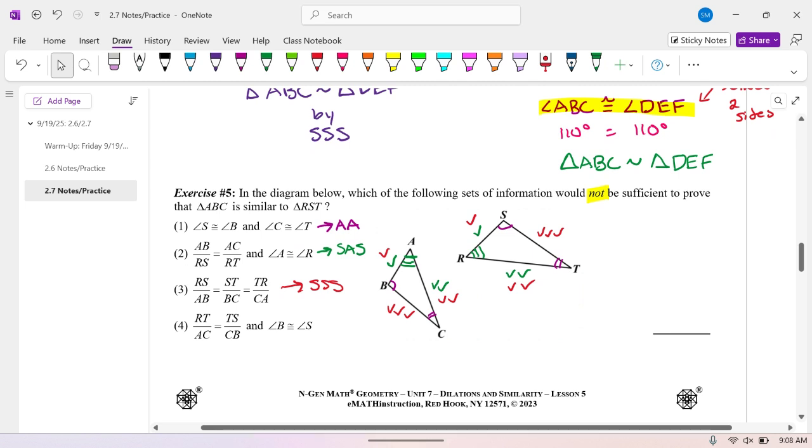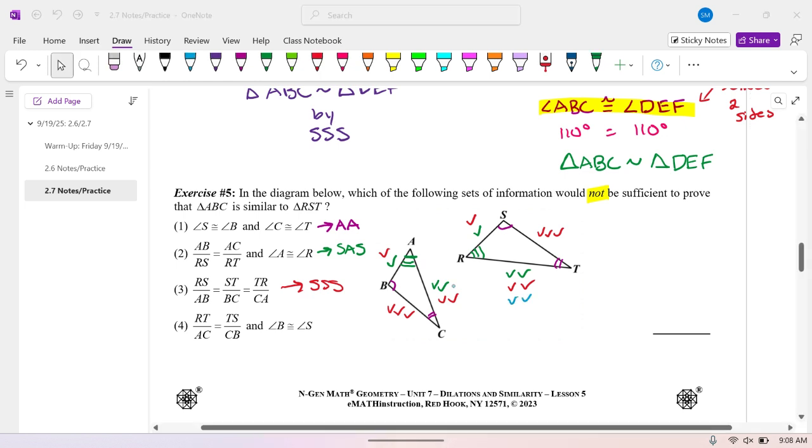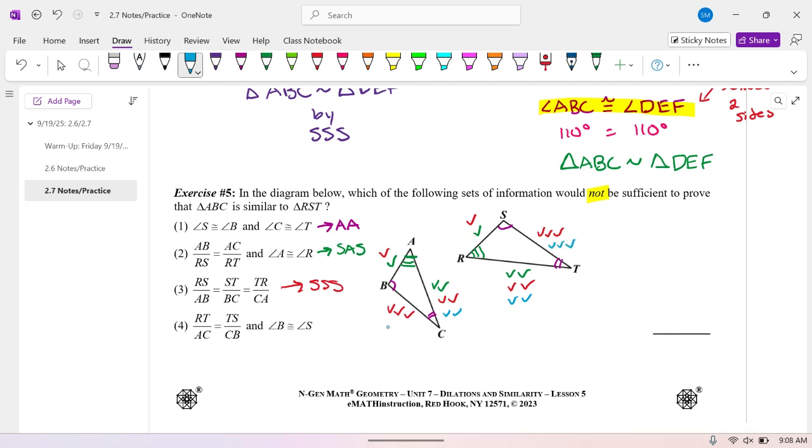So RT to AC, those are proportional. TS to CB, so these two are proportional. And then these two are proportional. But then they said that they want angle B congruent to angle S. So look at what I highlighted in blue.